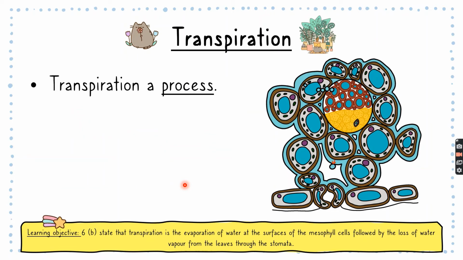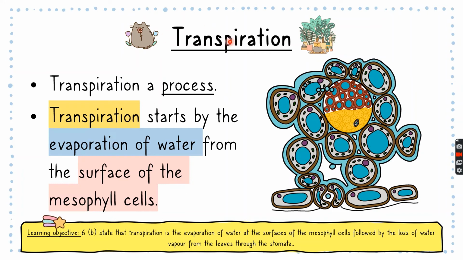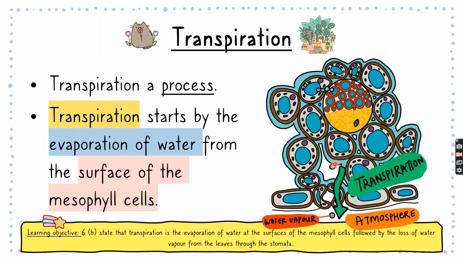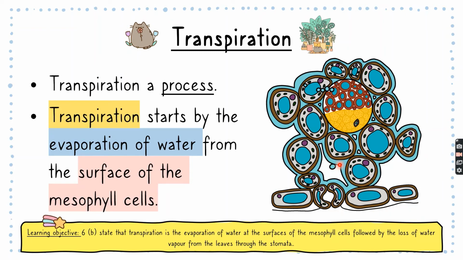And transpiration is a whole process. There's a step for this. Transpiration actually starts from the evaporation of water from the surface of the mesophyll cells. So on the surface right here, you have the layer of moisture, yeah? And so they evaporate.